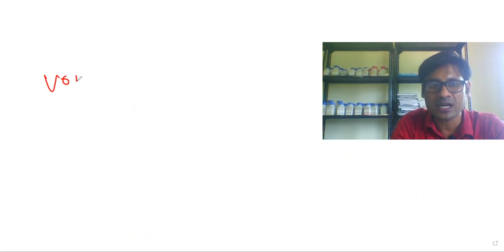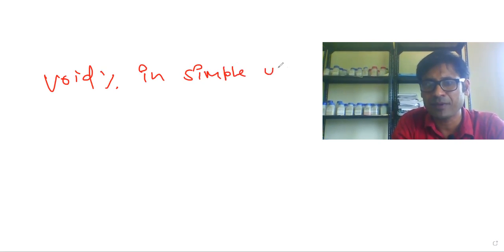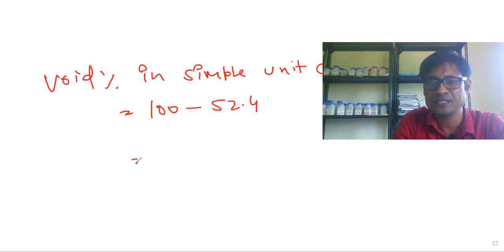And what is the void percentage in simple unit cell? Answer is 100 minus 52.4, which means 47.6%.